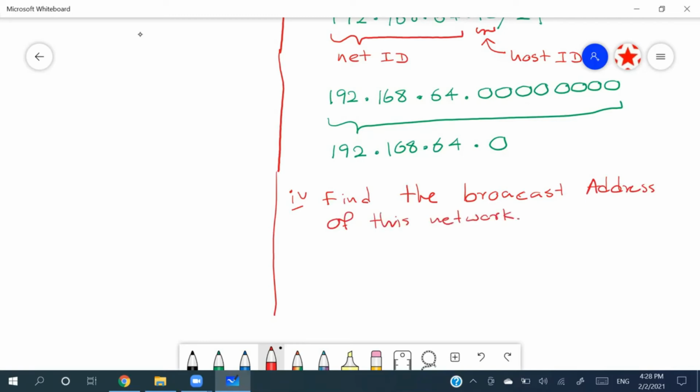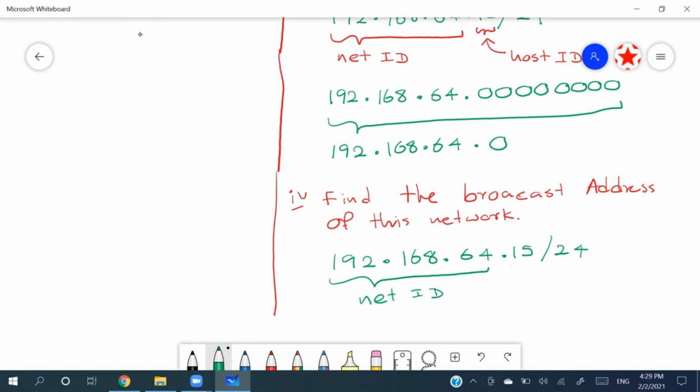I'm going to do this with 192.168.64.15/24. That's what I have given. Since I'm doing this for the first time, I'm writing net ID and host ID again and again here. You don't need to do it when you are doing the calculations, right?